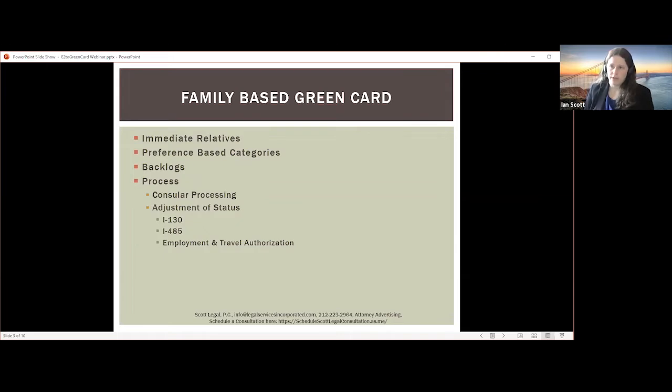Once the I-485, the green card petition in the US, is filed, you can also file for work and travel authorization. It is important to note that not every status permits you to change status. So you want to speak with an immigration attorney to see, for example, if you're here on ESTA, generally that does not permit you to adjust status, although there are exceptions for immediate relatives.